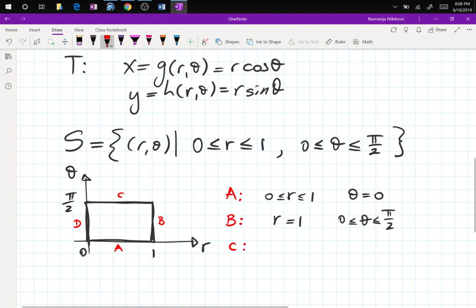For region C, r is stuck between 0 and 1. Theta is equal to pi over 2 at all times. And for region D, which is the last line we consider over here, the r is always 0, and theta is stuck between 0 and pi over 2.